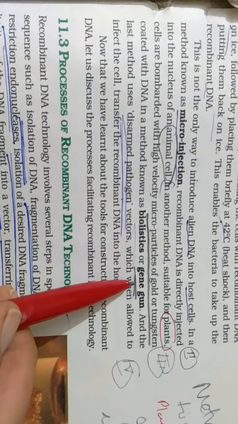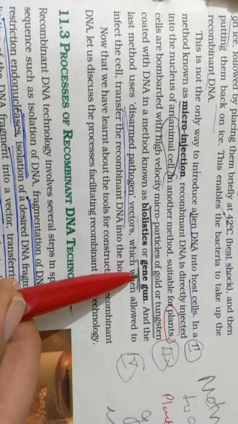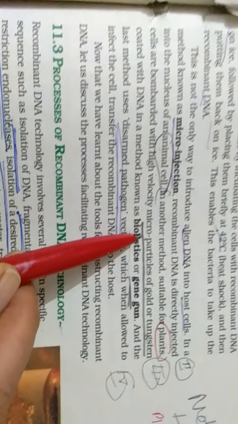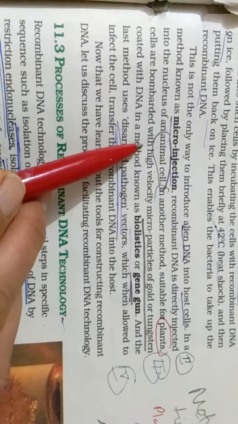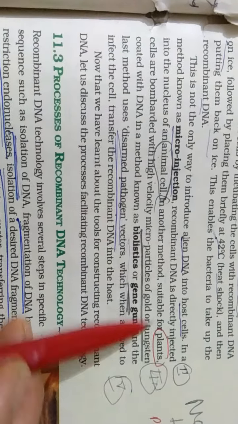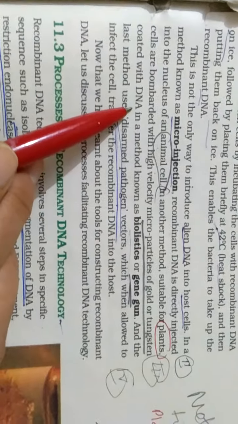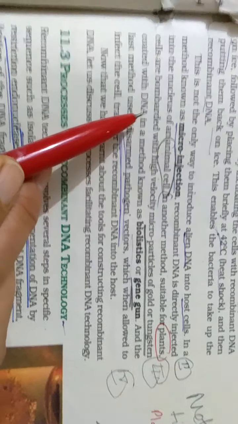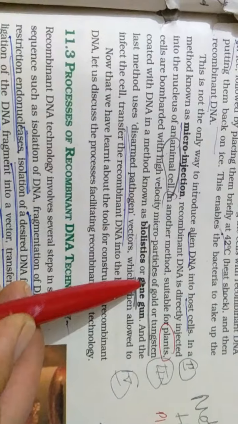Now the ballistic gun method is for the plant cell. With this gun, microparticles of gold or tungsten coated with the DNA are bombarded into the cell.